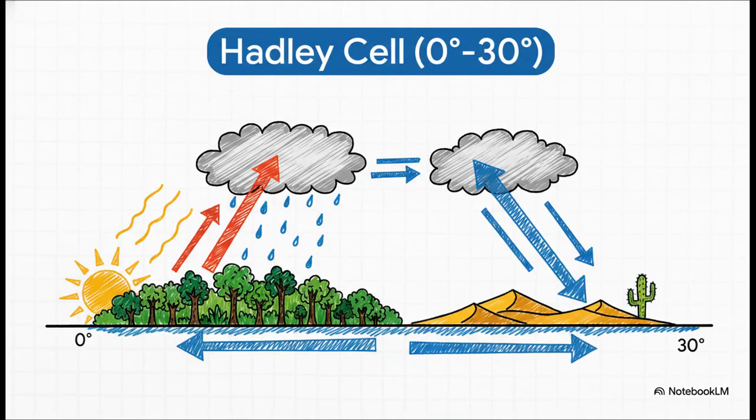The first one is called the Hadley cell, and it's basically like a giant atmospheric lava lamp. You've got this intense heat at the equator that causes warm, moist air to rise up. As it gets higher, it cools and just dumps all that moisture as rain, which is what creates the world's tropical rainforests. Then, that now cool, dry air moves toward the poles and sinks back down around 30 degrees latitude, creating the perfect conditions for the world's great deserts.